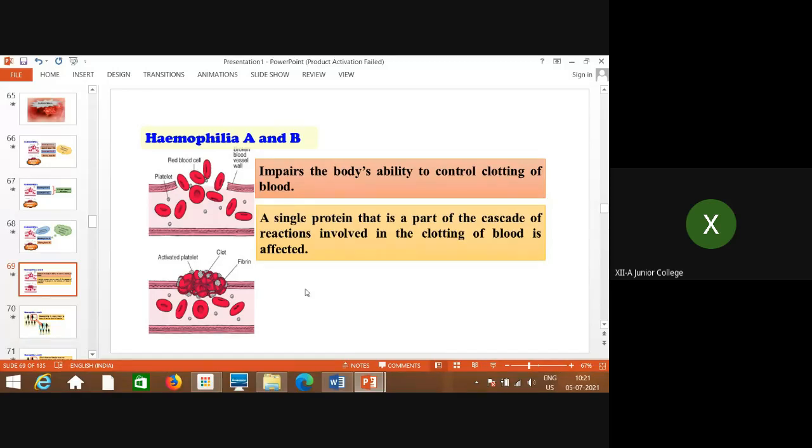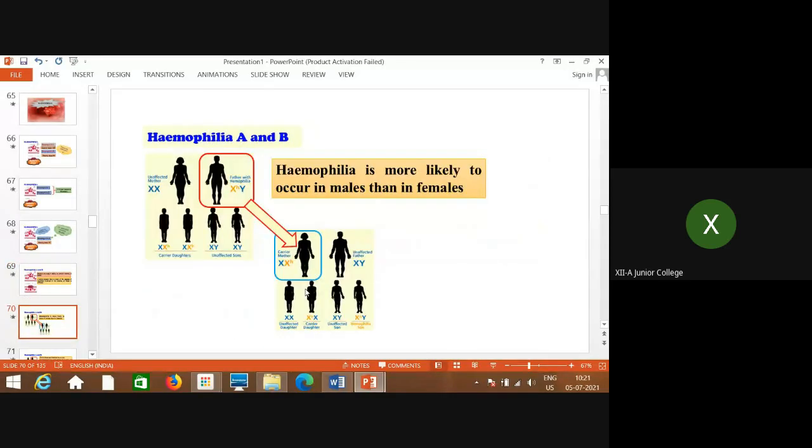And if there is no clotting of blood, obviously the blood will flow out of the body, loss of blood will take place, which may lead, in severe cases, to the death of the person.